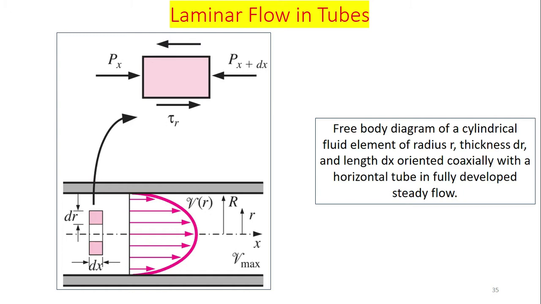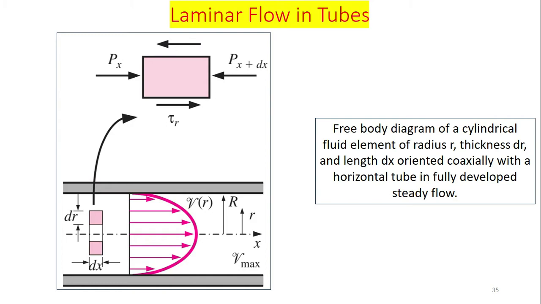As we have studied, in the fully developed laminar region, each fluid particle moves at a constant axial velocity along a streamline, and the velocity profile in the fully developed region will remain unchanged in the flow direction. This is a particular example of fully developed laminar flow in a tube.